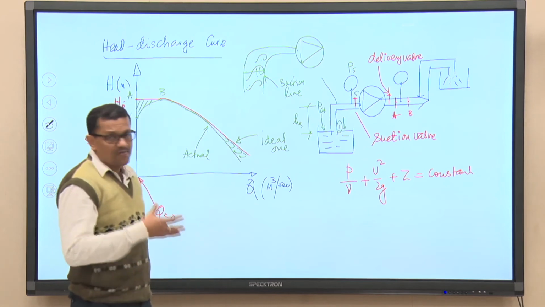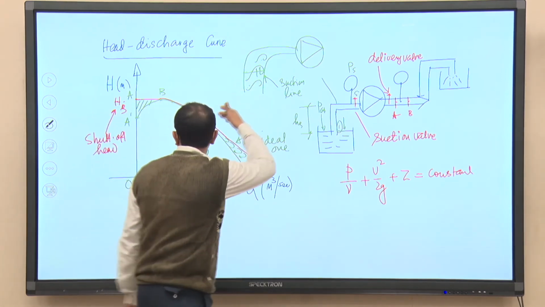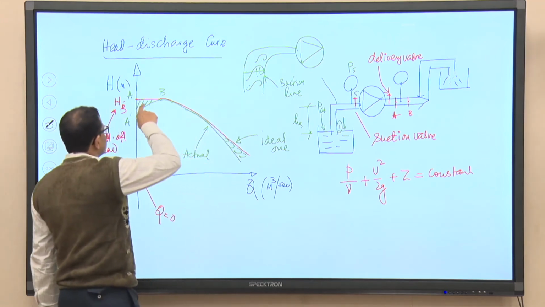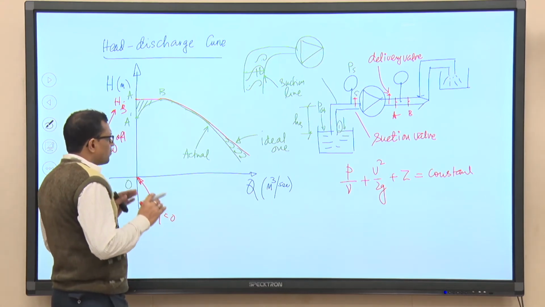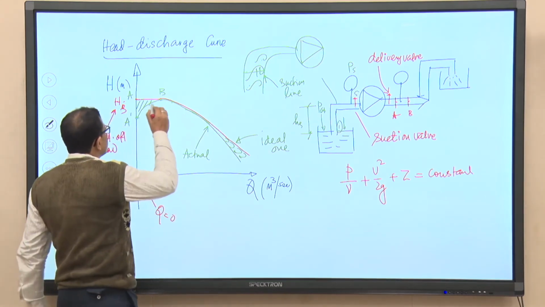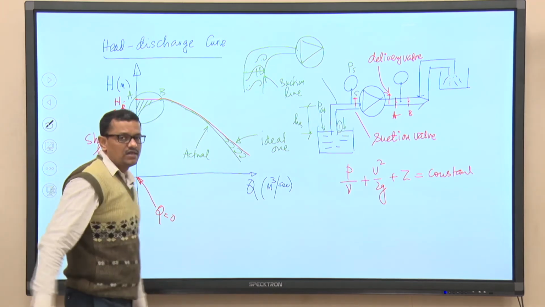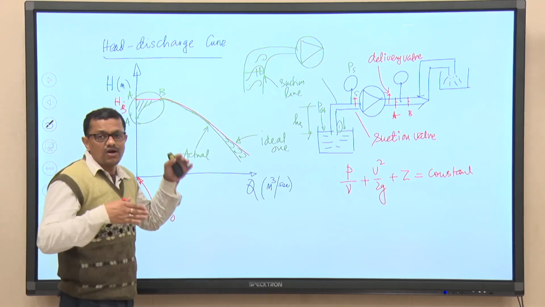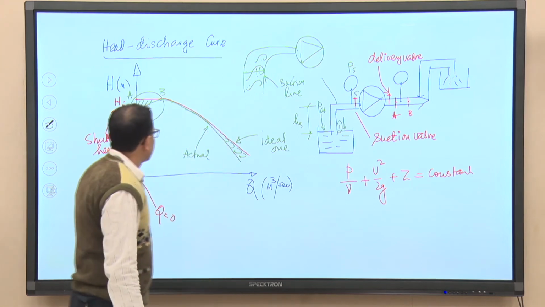But if we can somehow ensure that the flow velocity is uniform at the suction line, then probably the losses due to formation of these eddies and recirculation can be prevented at the suction line. Why? Because this portion, this kind of curve, this nature is not desirable at all for radial flow pump operation. Why? Let me discuss again.